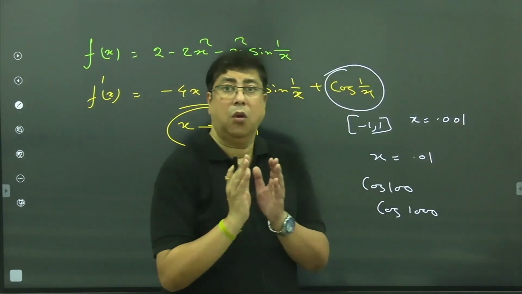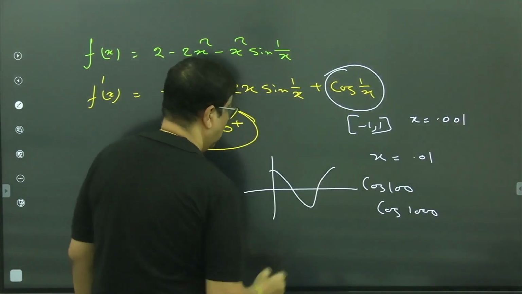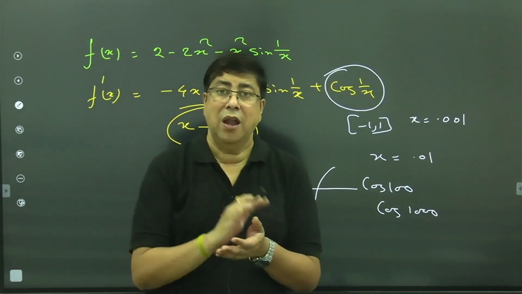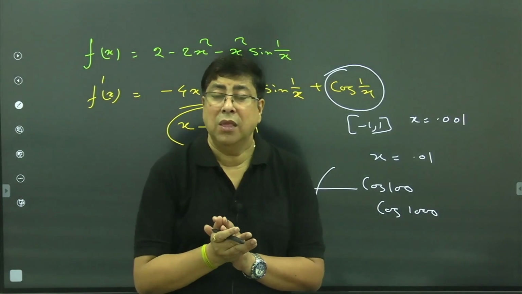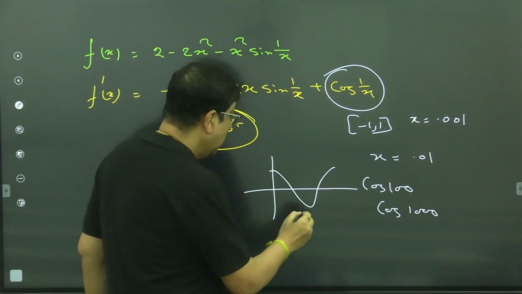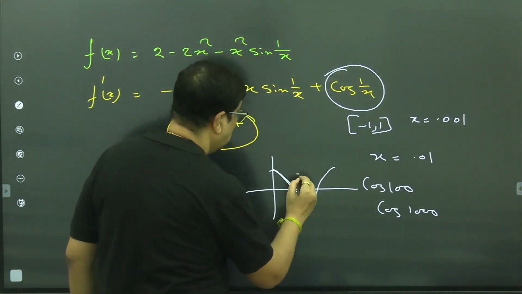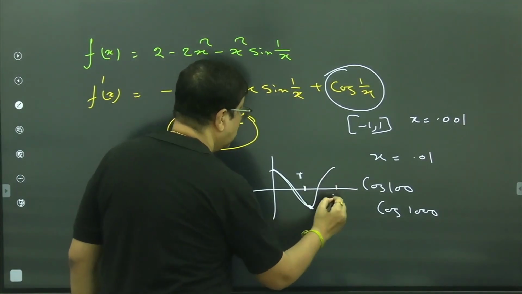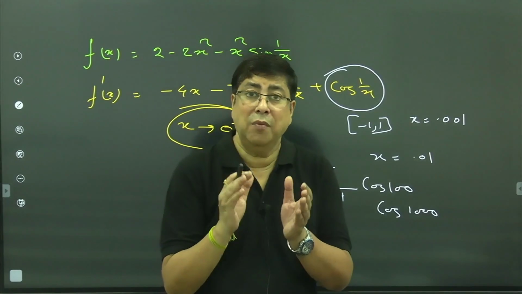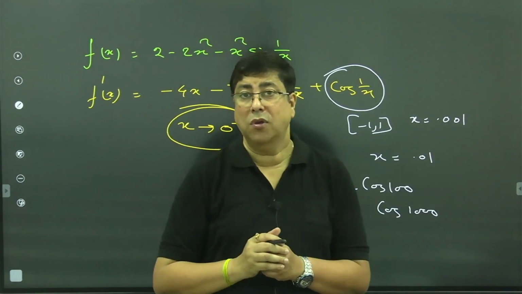So cos is a periodic function between 0 to 2 pi, okay. So 2 pi means 6 point something. So between 100 and 1000, how many periods will be there, how many fluctuations of the cos? Because we know that cos is decreasing from 0 to pi, and from pi to 2 pi cos is increasing. So how many 0 to pi, pi to 2 pi? Okay, and I am showing you the curve of cos 1 by x.